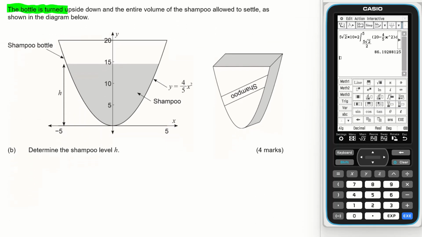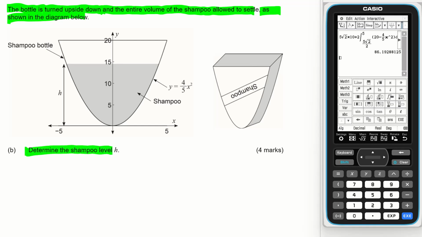The bottle is turned upside down and the entire volume of the shampoo allowed to settle as shown in the diagram below. Determine the shampoo level H. Okay, so this would be the line y equals h, and the curve is y equals 4/5 x squared.